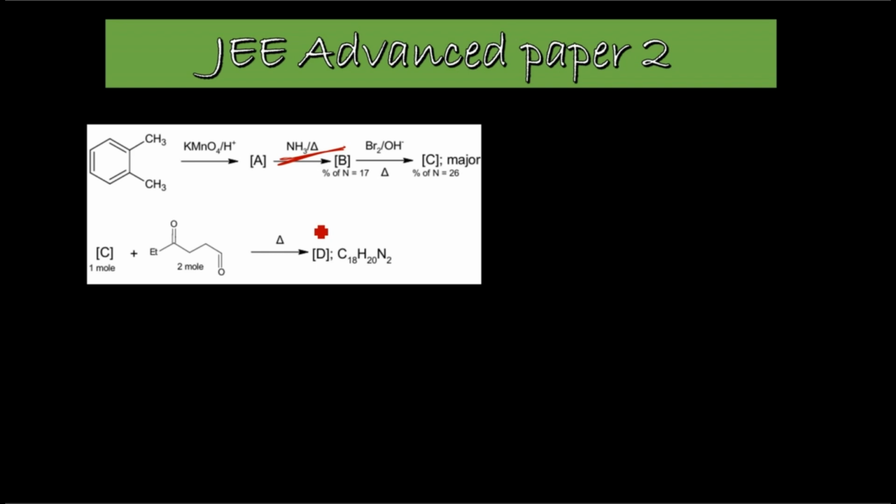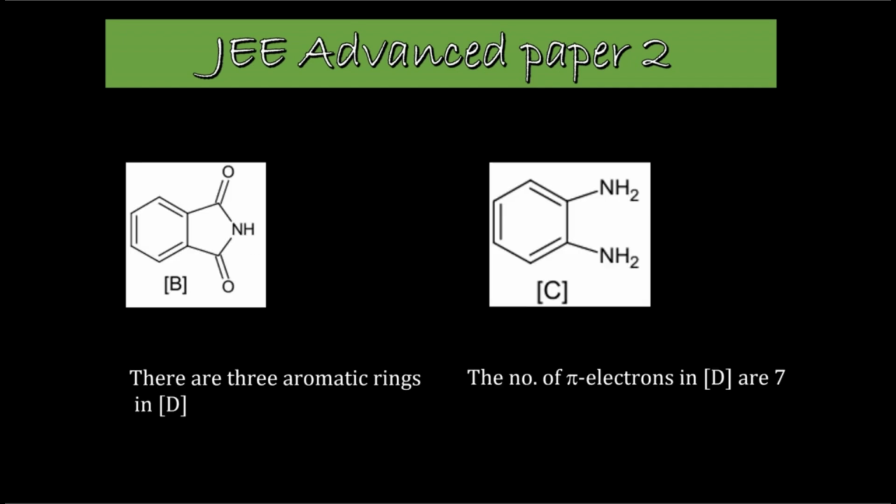Percentage of nitrogen in B is 17, followed by Br2 in basic medium, C. Then 1 mole of C I am taking with 2 moles of ketone or carbonyl compound to give D. So D formula is C18H20N2.